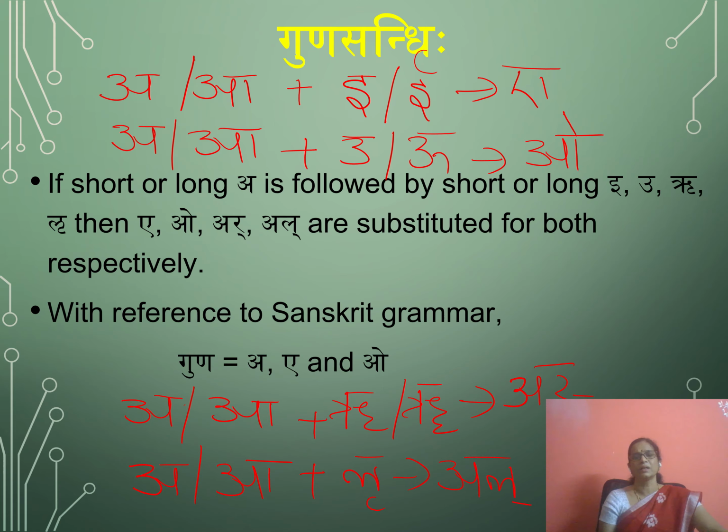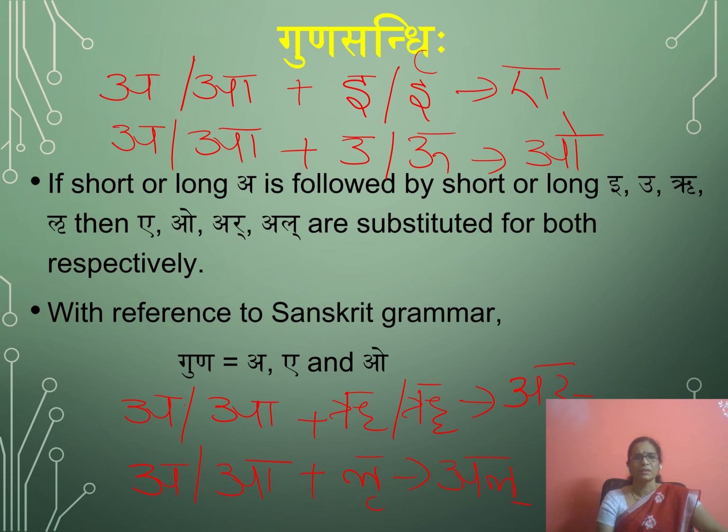This is the rule for Guna Sandhi. That means, what did you understand here? If short or long a is followed by a short or long i, u, r, l, then e, o, ar, al are substituted for both respectively.